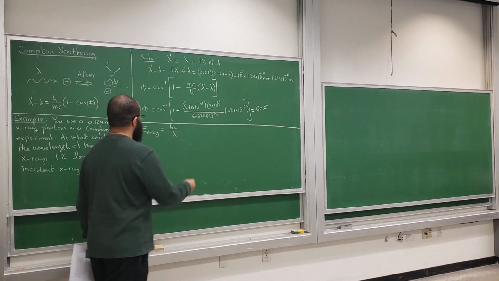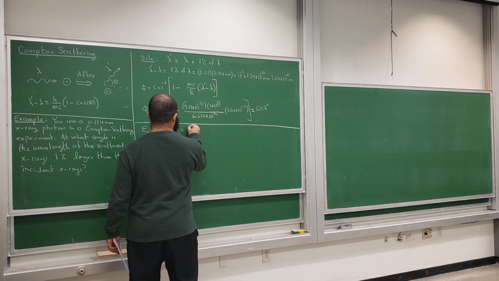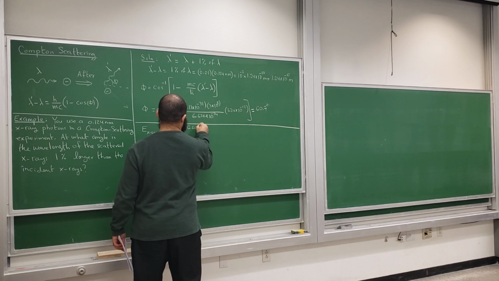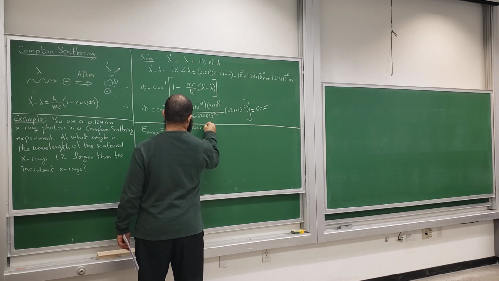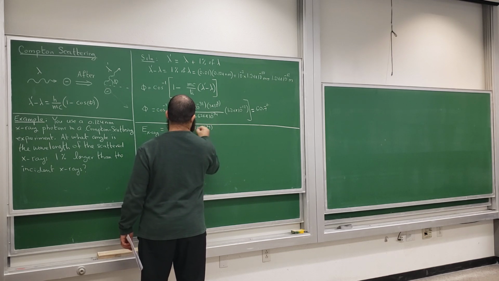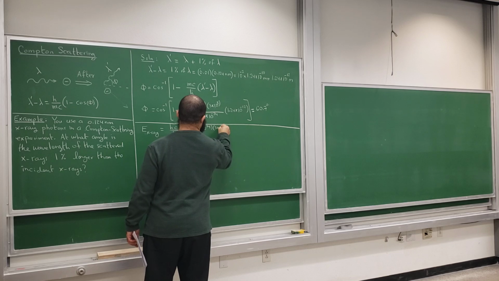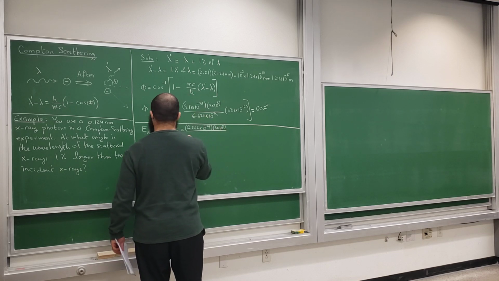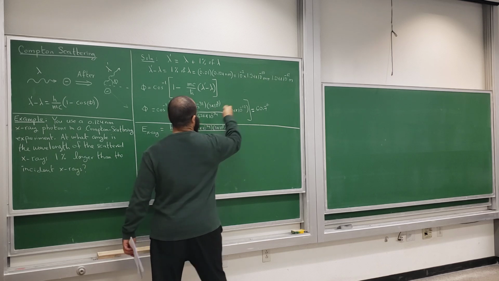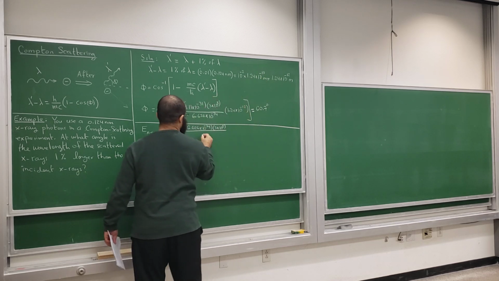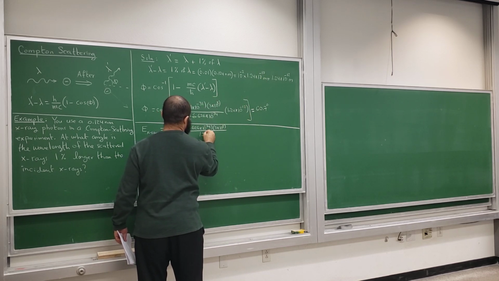So let's calculate the energy. It will be 6.626 times 10 to the minus 34, times 3 times 10 to the 8th, divided by lambda, which is 1.24 times 10 to the minus 10 meters.